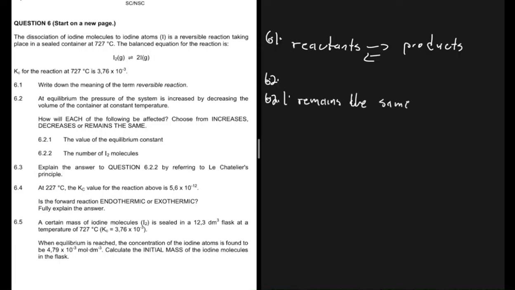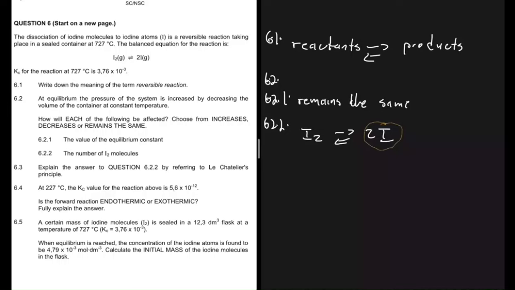And then 6.2.2 says the number of moles of iodine atoms, right? So we have I2 basically giving us 2I. So the number of moles of the products is greater than the number of moles of the reactants.